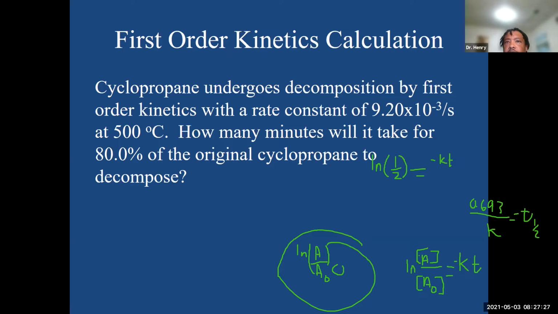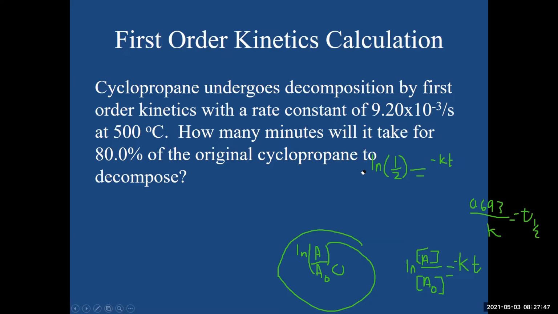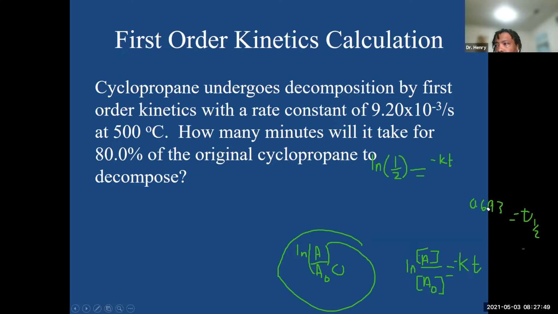How many minutes will it take for 80% of the original cyclopropane to decompose? If you look at this, we're going to use this equation here because we know that it's a first order reaction.